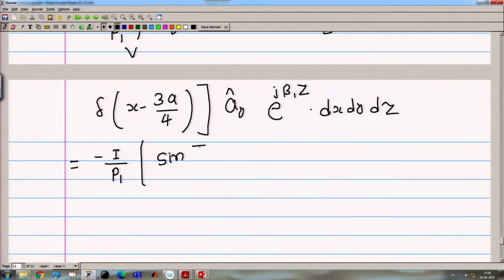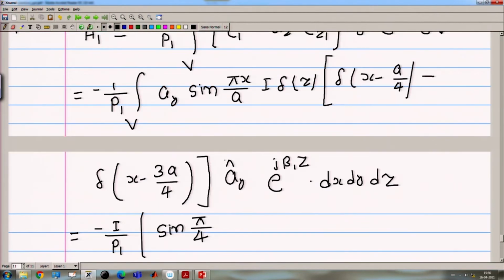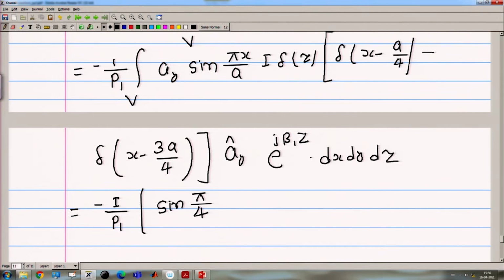Sin of x is equal to a by 4, that means sin of pi by 4, a will cancel out, and del of z, that will be z is equal to 0, that will be 1, and del of x minus 3 a by 4. So, x is equal to 3 a by 4. So, this will give sin 3 pi by 4 with a minus, into z will be 1 and y will be b, it will give b. So, integration from y is equal to 0 to b.